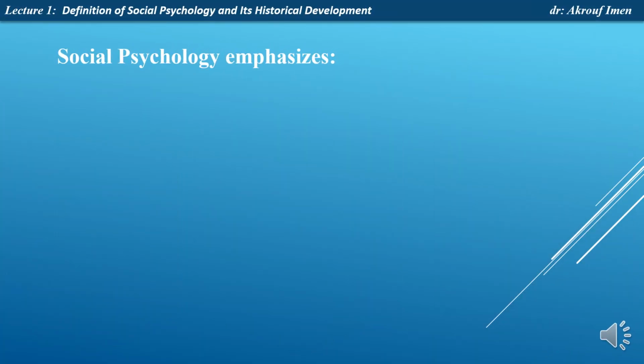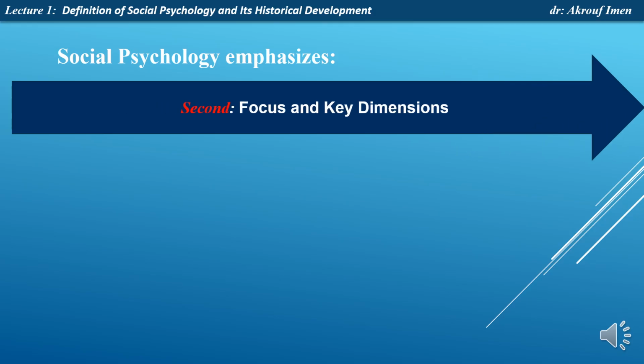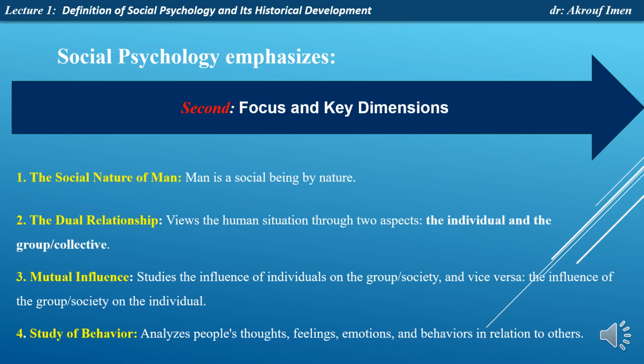Social psychology emphasizes. Second, we talk about focus and key dimensions. One, the social nature of man. Man is a social being by nature. Two, the dual relationship views the human situation through two aspects, the individual and the group collective.